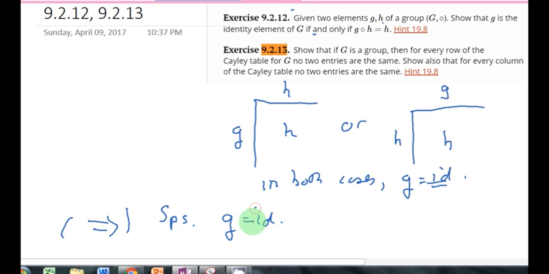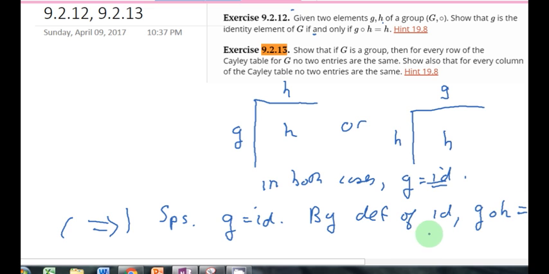Then what about G composed H? Well, by the definition of identity, that's what identity means. If you have an element that's the identity, then if you compose it with any other element, you simply get H back again.